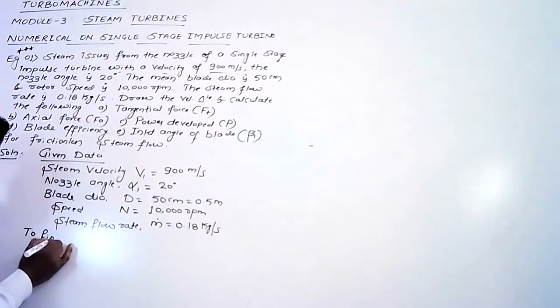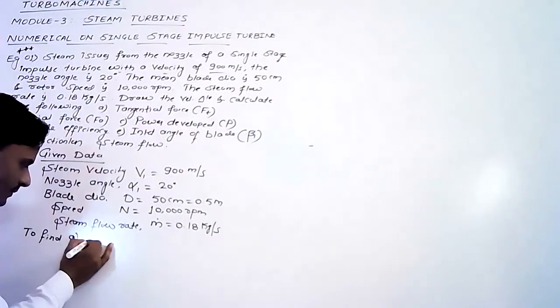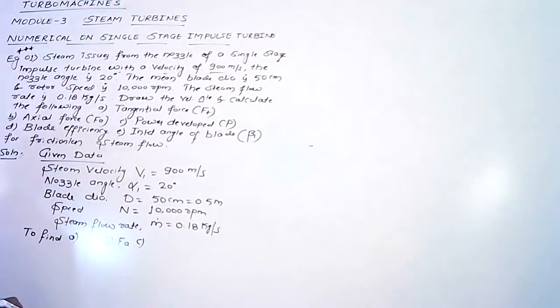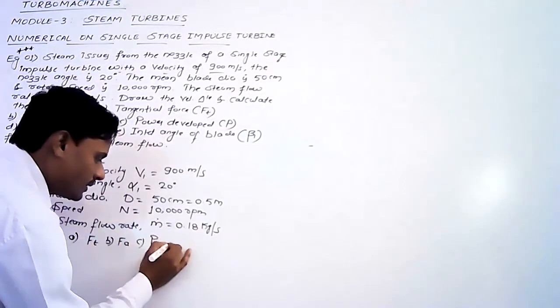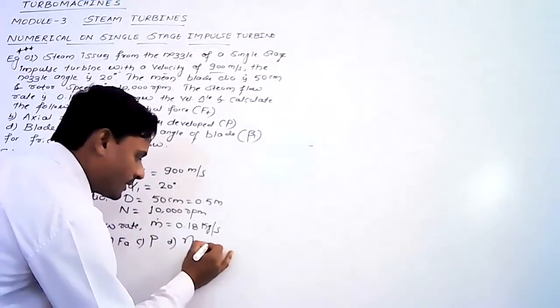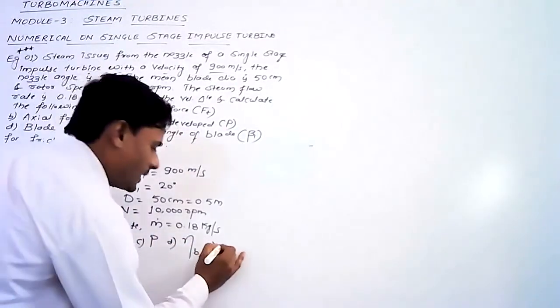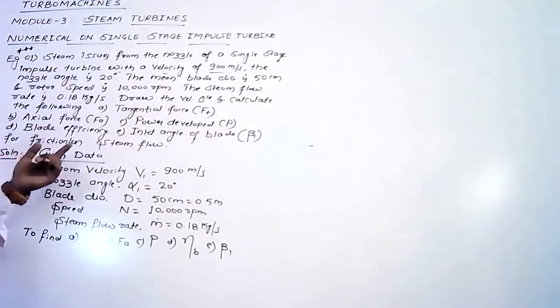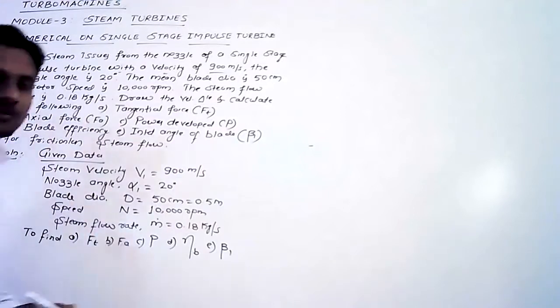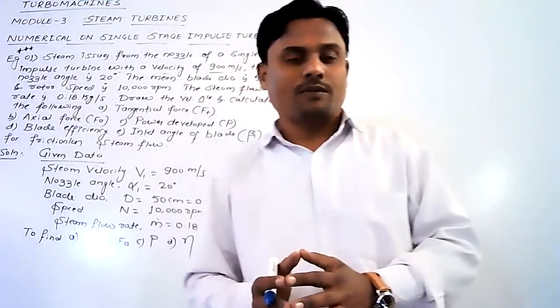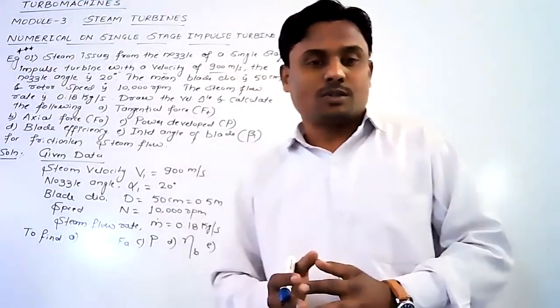First, the tangential force Ft; second, the axial force Fa; third, the power developed P; fourth, blade efficiency; and last, the inlet blade angle beta 1 equals how much? The last is a very important point: frictionless steam flow. Here we need to neglect the losses due to friction.